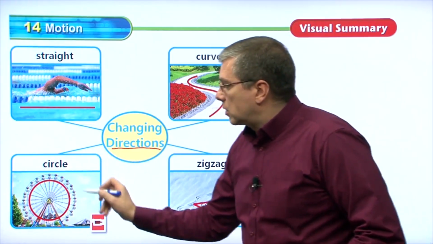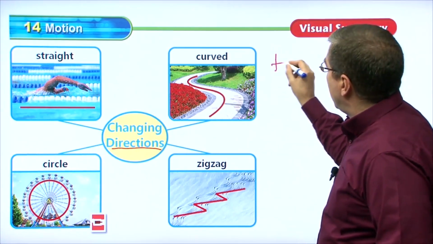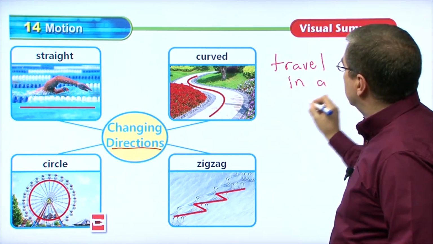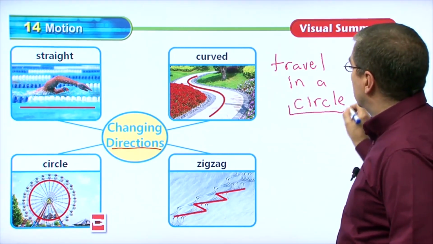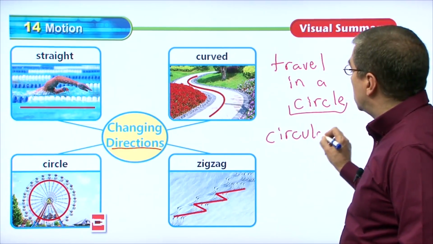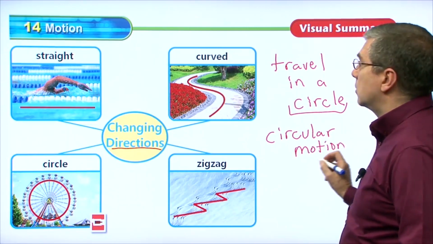We can say circle. Travel in a circle. That's travel in a circle. We can also call it circular motion. So we're putting these two words together.